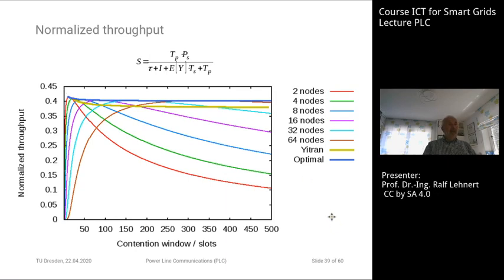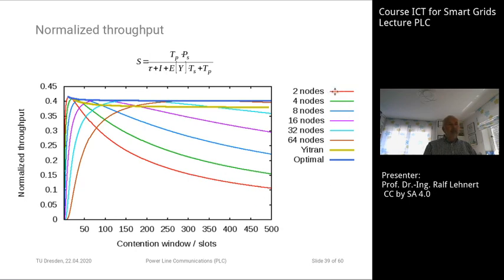Unfortunately, this is not the case, because we do not have a central system to observe the number of active transmitters. So it must learn from the mechanism itself, and here it is depicted how this behaves for a different number of nodes.